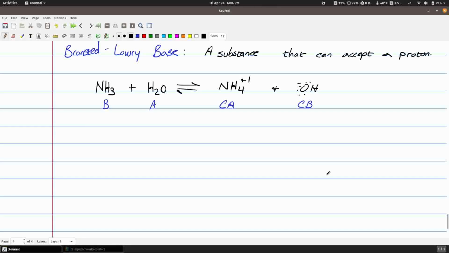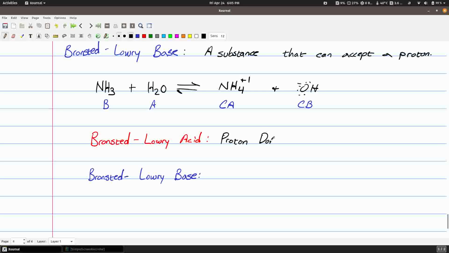So let's kind of write these down. And then, okay, proton donor.